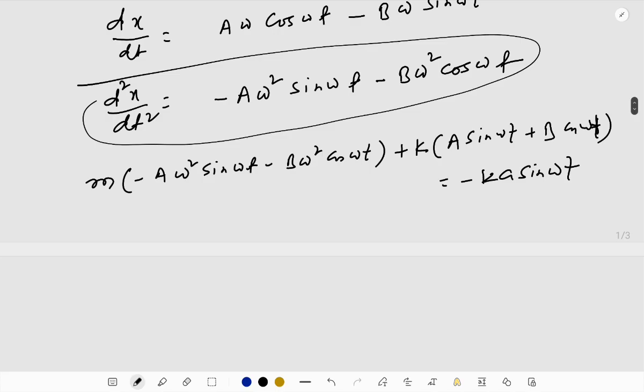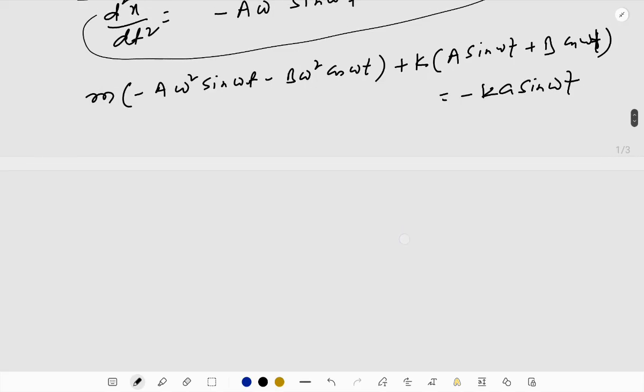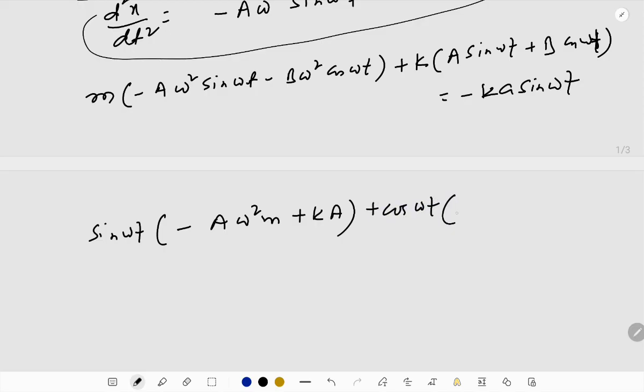First, I would like to take sine omega t and cos omega t common in this equation, so that I can write here sine omega t times minus a omega square m plus ka, and plus cos omega t times minus b omega square m plus kb, and it is equal to minus ka sine omega t.